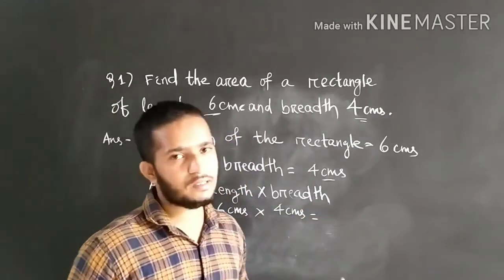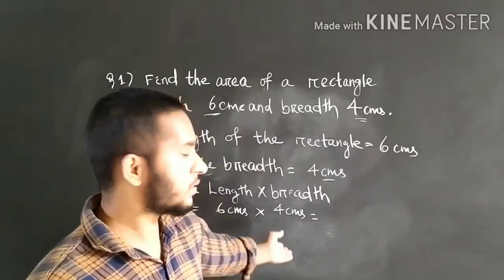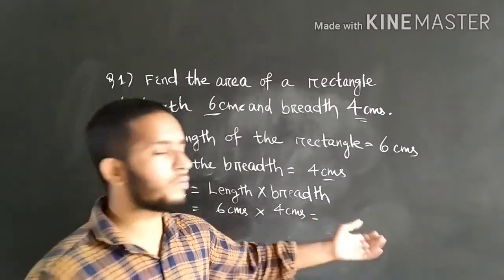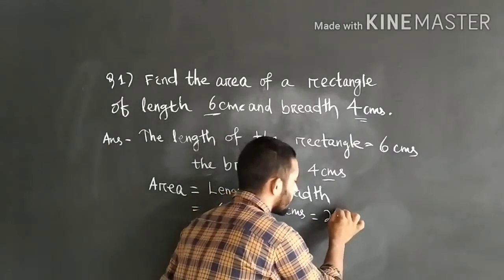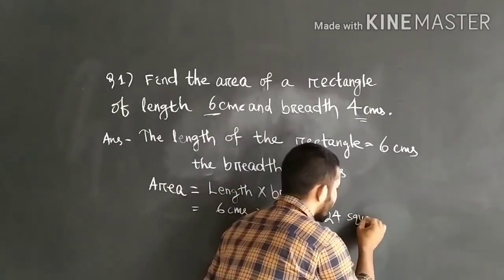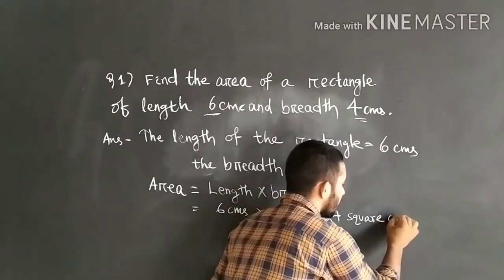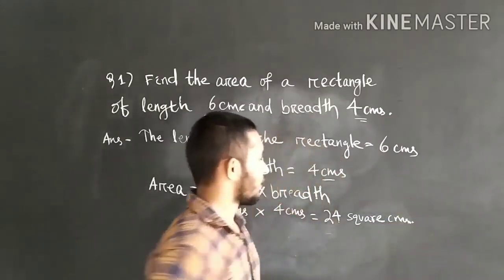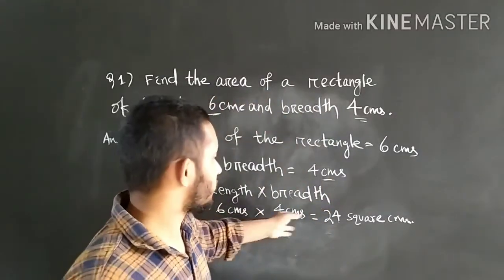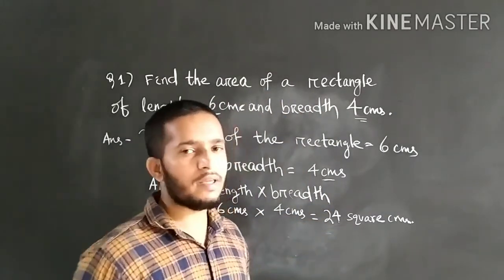So it is a simple calculation. 6 multiplied by 4 is 24 square centimeter. The total area of this rectangle will be 24 square centimeter. Okay, very good.